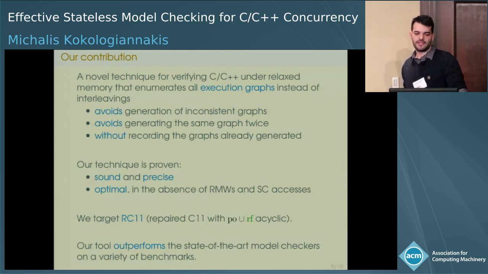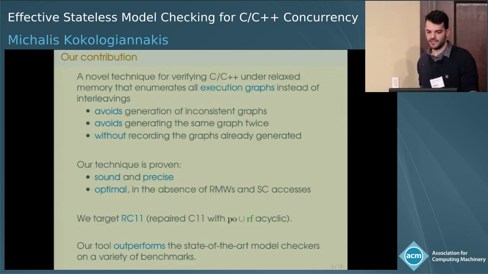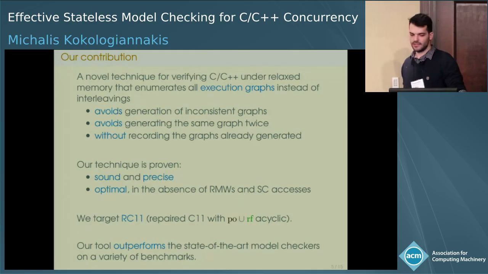We do that by enumerating all execution graphs of a program instead of enumerating interleavings, like the dynamic partial order reduction techniques. We also avoid, by construction, the generation of any graphs that are inconsistent. We also avoid generating the same graph twice, and we do that without recording the graphs that we've already generated.